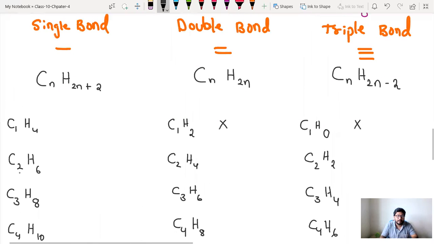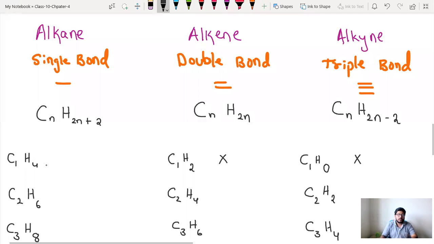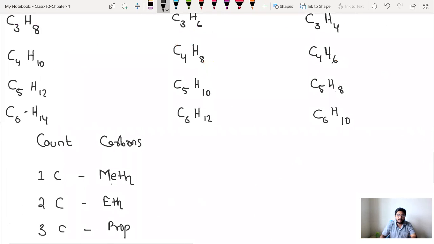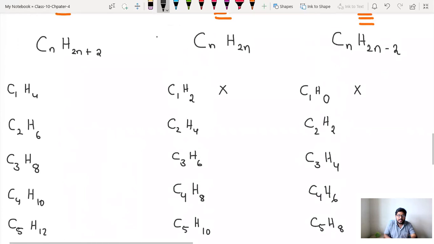Now how to name? To name this, we have two parts. First part, carbon part. Second part, category part. How many carbons? One carbon. One carbon means what to say? Meth.